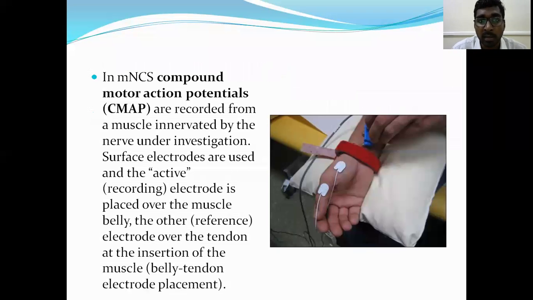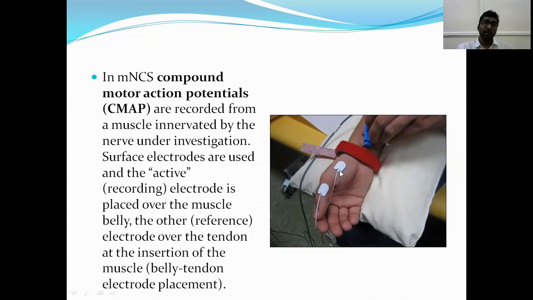In motor nerve conduction studies, what we get are compound motor action potentials. Those are recorded from a muscle innervated by the nerve under investigation. Surface electrodes are used, and the active electrode is placed over the muscle belly and the other electrode over the tendon at the insertion of the muscle, which is belly tendon electrode placement. In the diagram, the examiner is testing the median nerve.